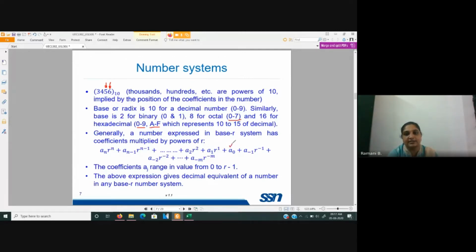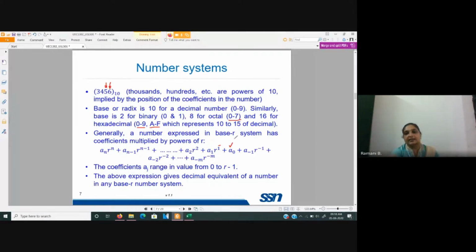A naught represents the digit at the rightmost end, which you can also call the least significant digit. In the case of binary, we call it the least significant bit, and the digit at the leftmost end we call the most significant bit. Corresponding to that, we have the powers defined: 1, 2, 3, and 4.